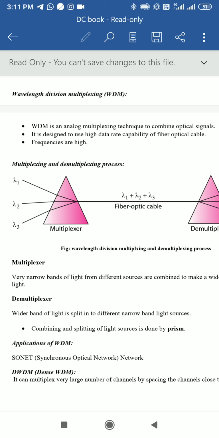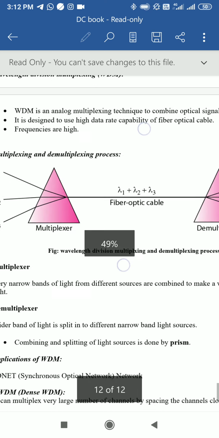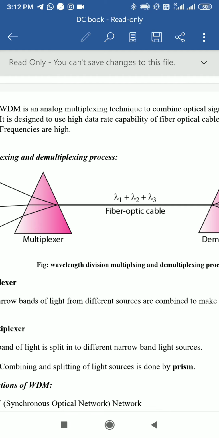To transmit optical signals, you require a transmission medium of the type fiber optic cable. And FDM, that is frequency division multiplexing, is used whenever the bandwidth required by the sender and receiver device is less than the bandwidth of the link. And WDM is used to make use of the high data rate capability of optical cable.